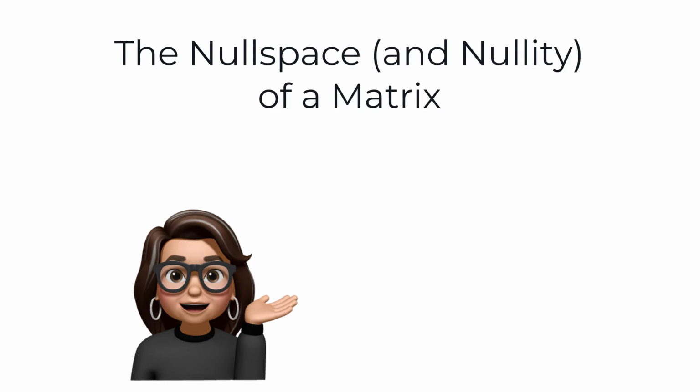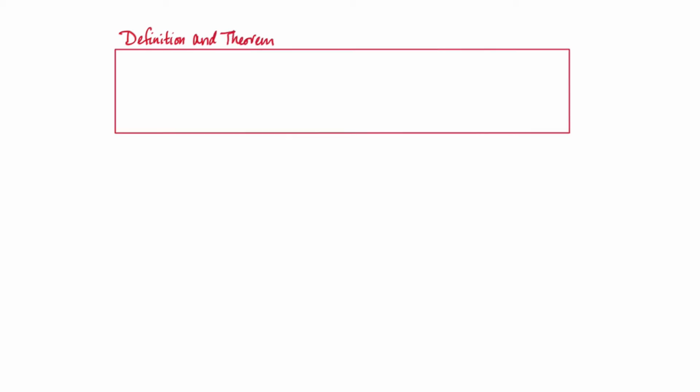In this video, we're going to learn about a third subspace associated with an m by n matrix and use a theorem. So let's give the definition and the theorem at the same time. The subspace is called the null space.